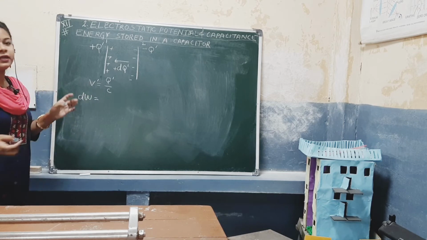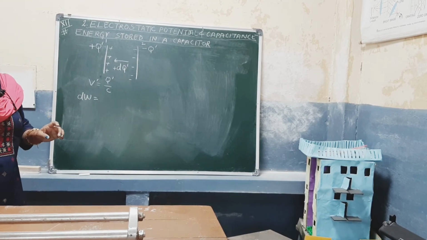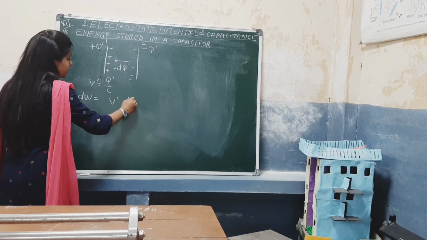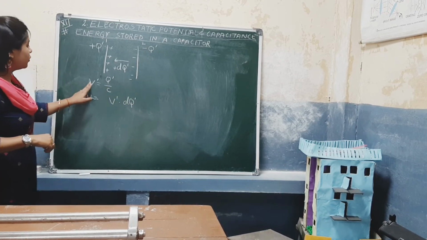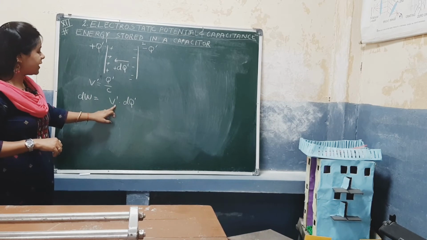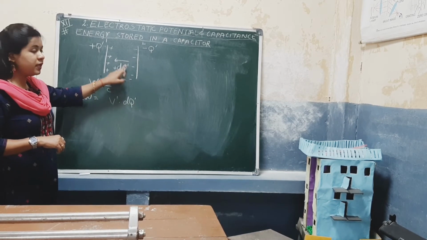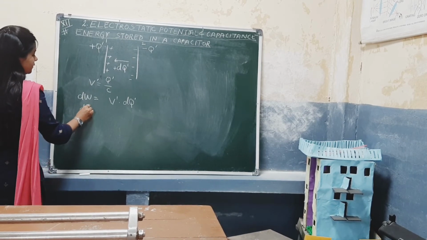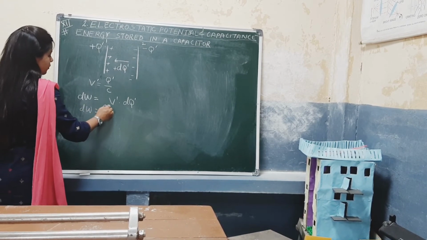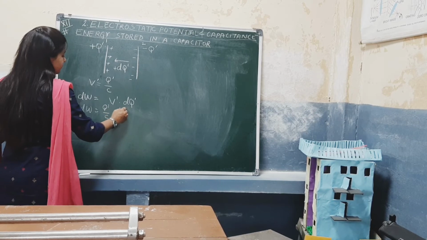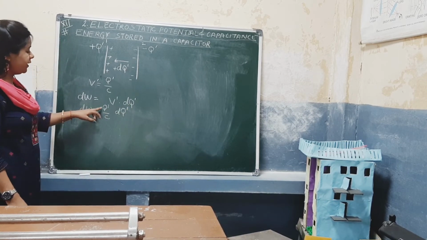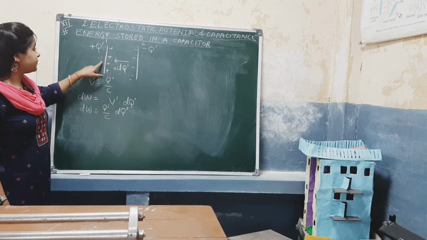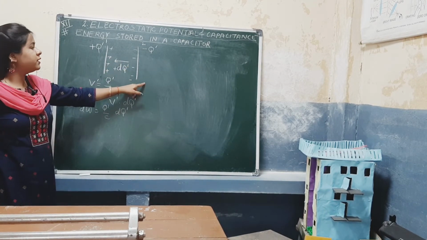That work done is equal to the potential multiplied by the charge that is transferred. The potential V dash was already present here, multiplied by the charge being transferred. So we substitute the value of V dash, Q dash upon C, times dq dash.